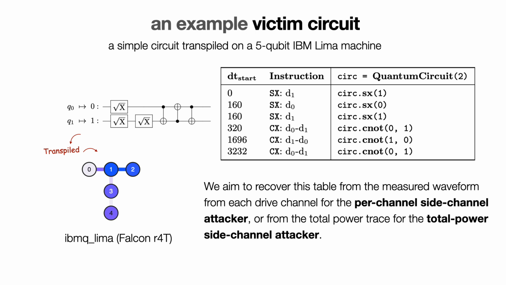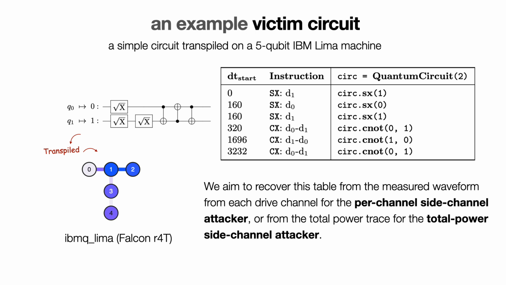Here you can see an example victim circuit that is transpiled on the 5-qubit IBM Lima machine. The goal is to recover the circuit from its power traces by finding the set of most suitable pulse level instructions that make up the circuit with minimum error.